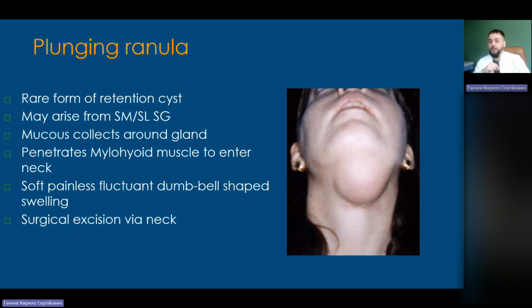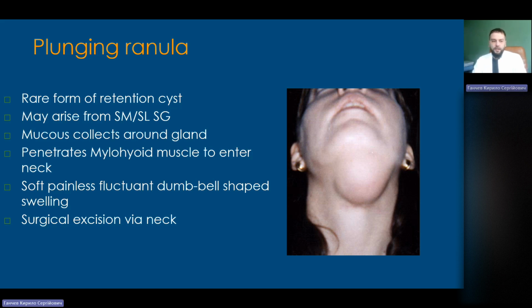dumbbell-shaped swelling. You remember what fluctuation is? Fluctuation is a clinical manifestation that shows you that you have some liquid under the skin or mucous membrane. It's when liquid moves under the patient's skin or mucous membrane, okay?